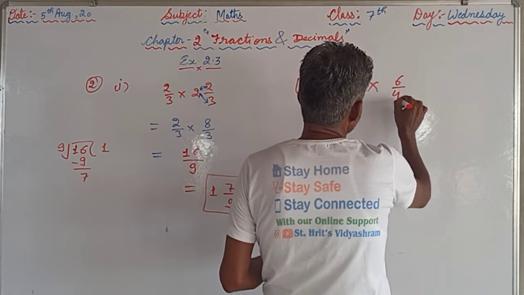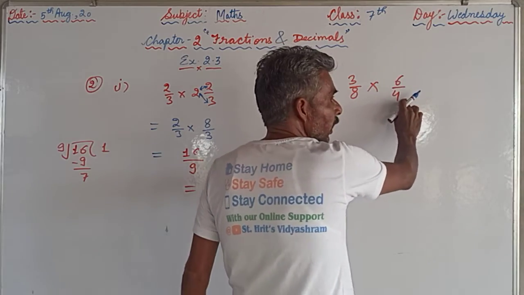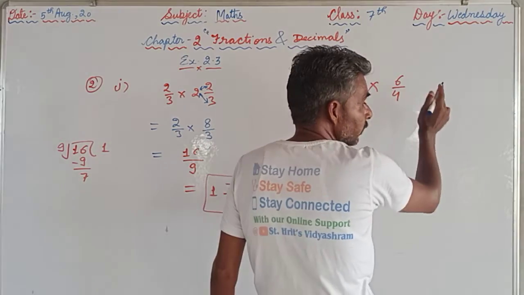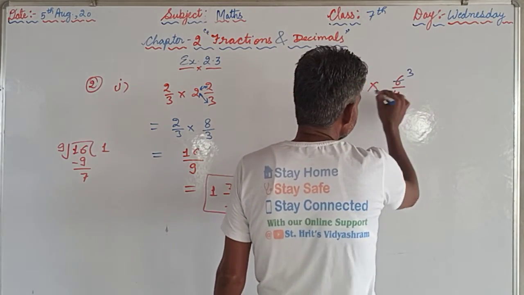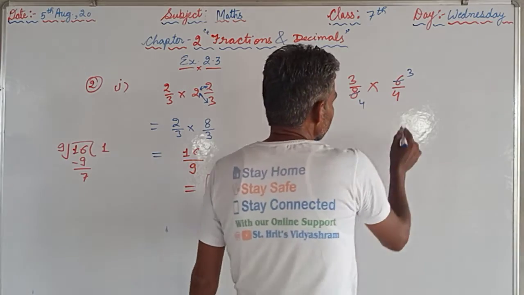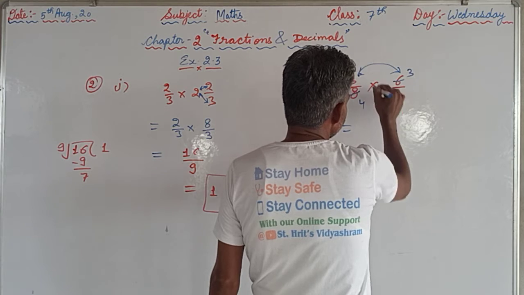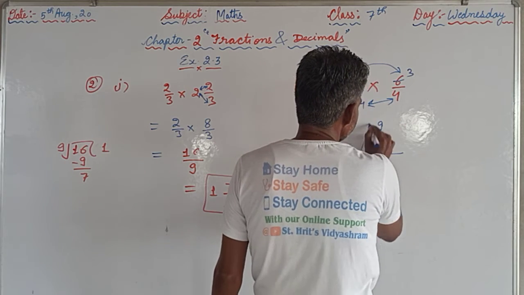Here we are seeing that 6 and 2 are divisible by 2, or 6 and 8 are divisible by 2. We can cut either numbers. So 2 3s are 6, 2 4s are 8. Afterwards nothing can be cancelled out. We will see that 3 3s are 9 and 4 4s are 16. 9 upon 16 is the answer.